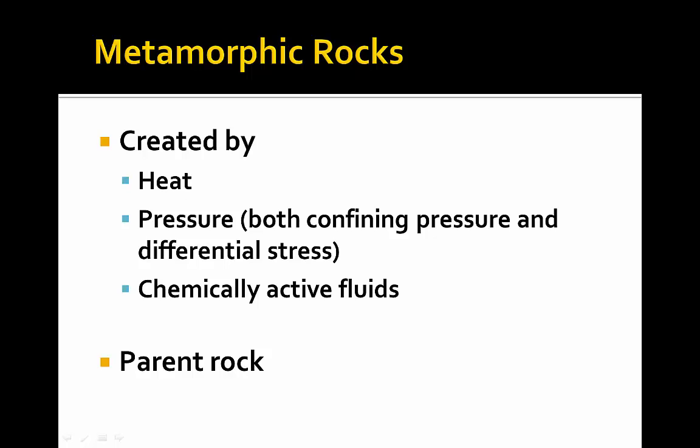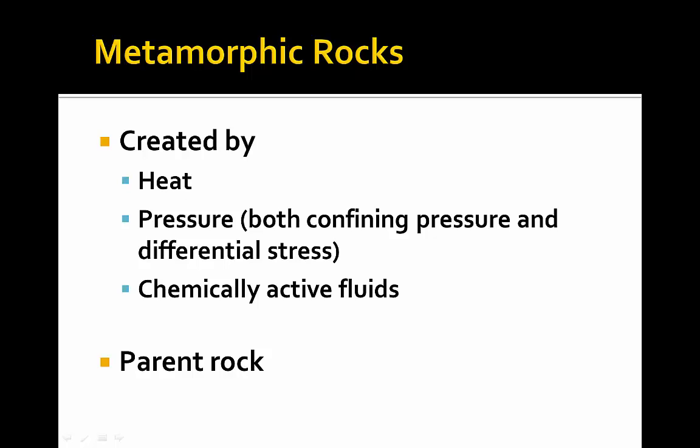So the heat helps get things moving. The chemically active fluids, the water, helps transport ions, so you can have some swapping to create new minerals. The pressure, especially that differential stress, is going to cause the realignment of certain particles.